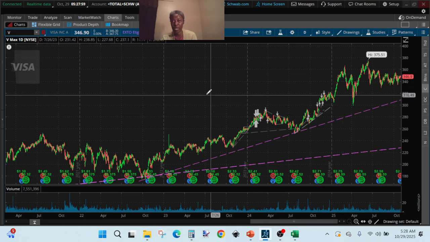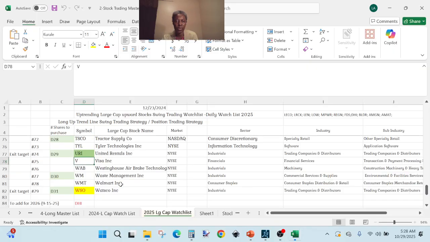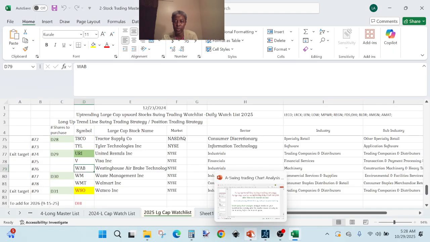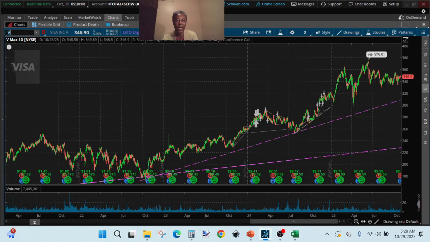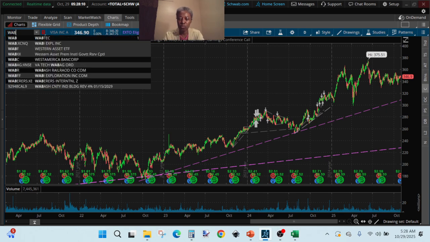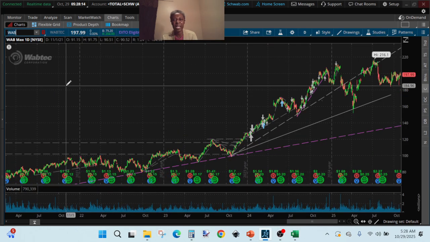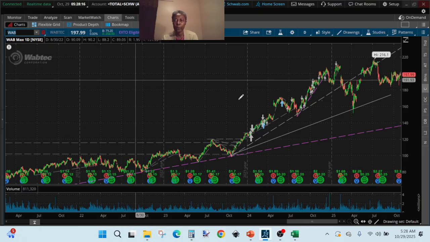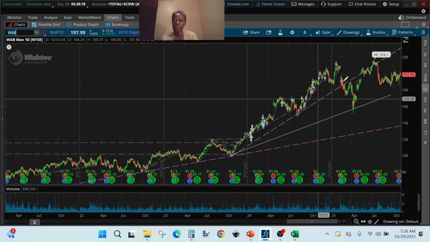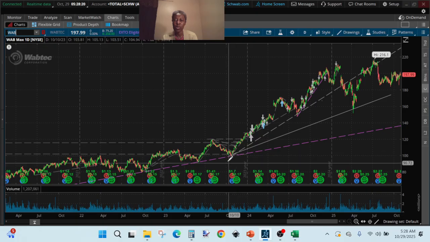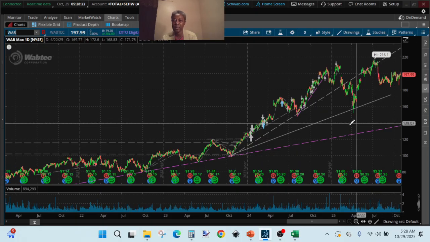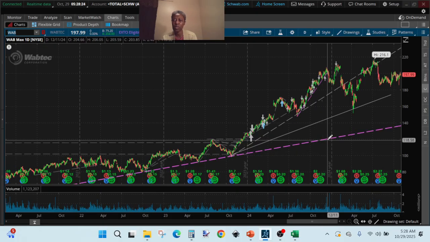So one more that we are going to analyze is WAB. And I think by just trying to swing trade the same stock over and over, you might pick up a little bit of things about those stocks you are swing trading. So you can see this stock, for instance, we have this support line, value line that we like to buy at.